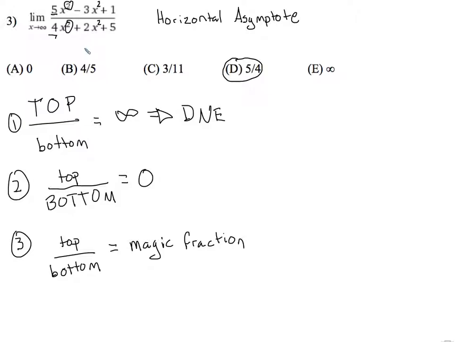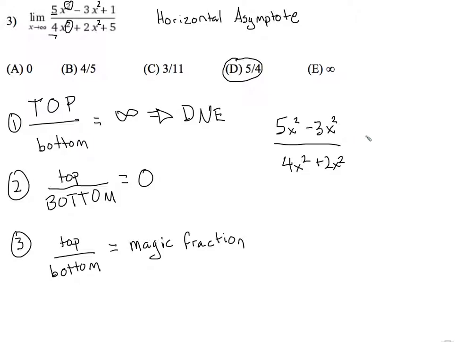Yeah. Kaylin agrees, everyone else agrees, and I am also in agreement because what you're really doing is you're going to combine like terms before you even begin. 5 minus 3 is 2, or in your magic fraction, you left it as 5 minus 3. So in that what if case, where you have 5x squared minus 3x squared, and I don't really care about the rest, and on the bottom, 4x squared plus 2x squared, you can do it one of two ways.